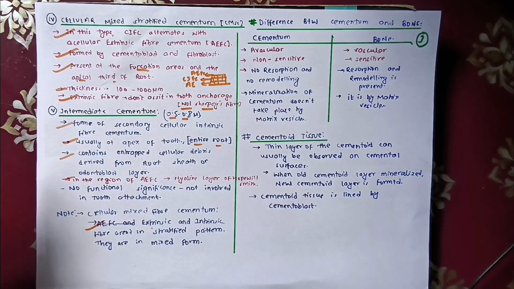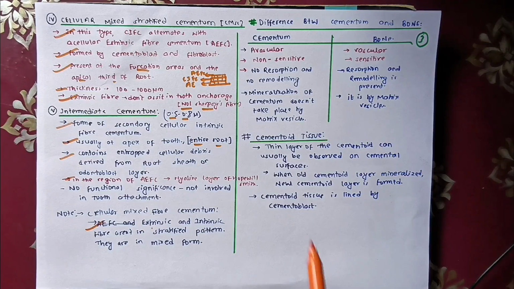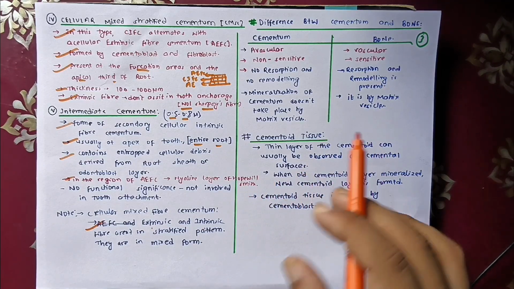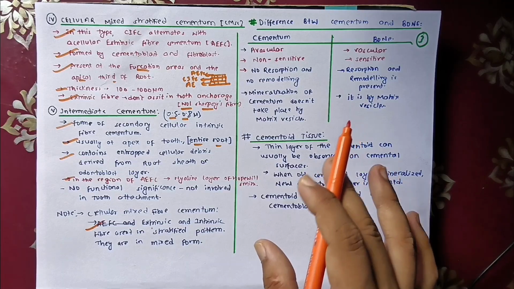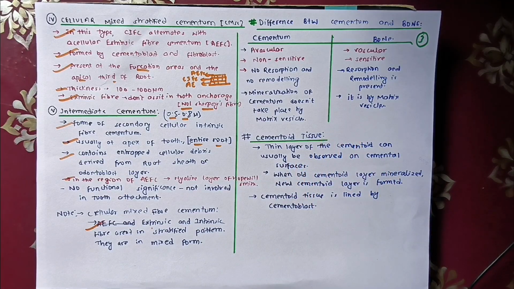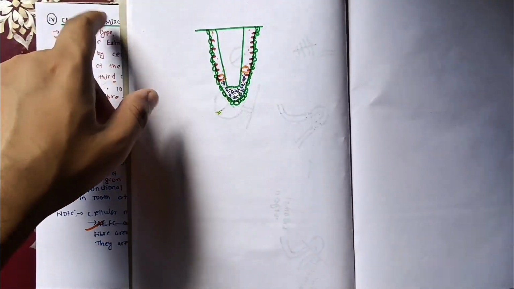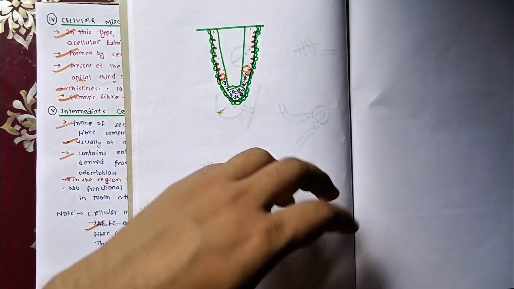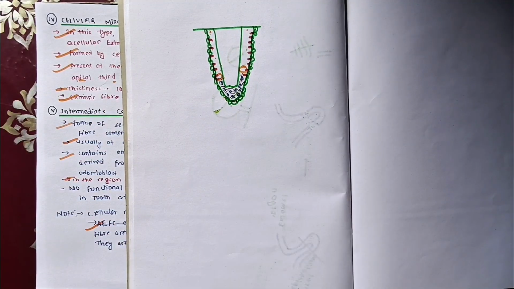Just listen to me about this intermediate cementum. This intermediate cementum is the cementum that is present at the apex region. It is present at the apex. I'll show you in the picture, then you will be more clear. I'll draw with another pen here.